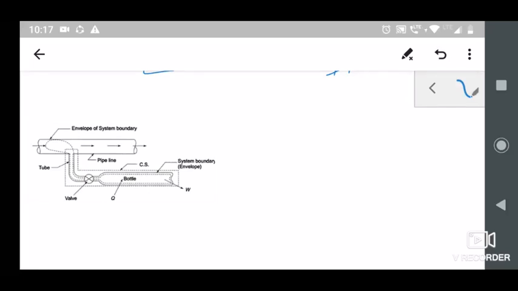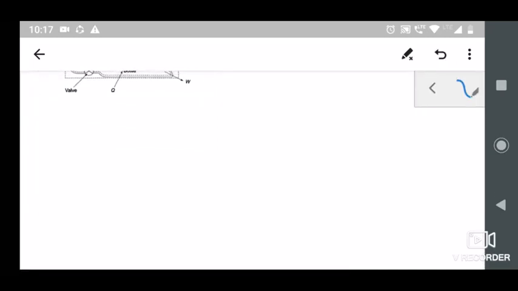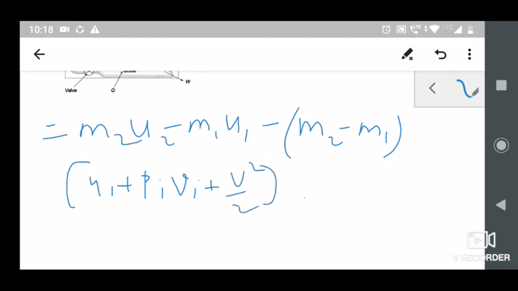This is another example for which I have given the figure. I will tell you about that case later, after the final derivation. So here, by equating this, we get m2 u2 minus m1 u1, minus (m2 minus m1), taking it as common, into (u1 plus pi vi plus v square by 2).